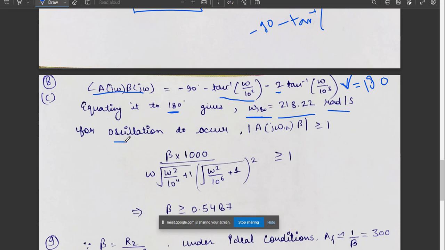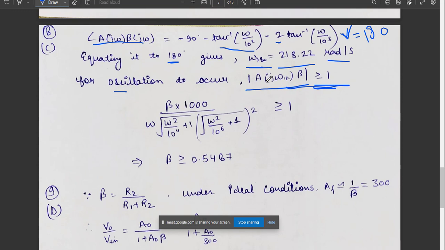Now for oscillation to occur, as I have already discussed, mod of A(j omega at 180 degrees) into beta has to be greater than or equal to 1. So we'll put the value of mod A(j omega 180 degrees) and the value of beta here, and we will get the value of beta equal to 0.5487.